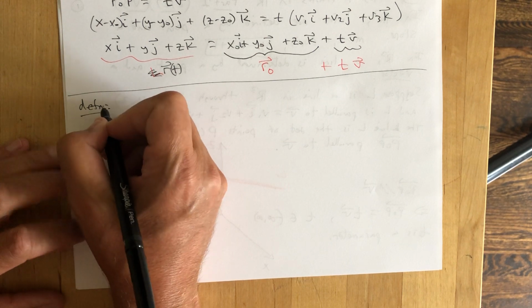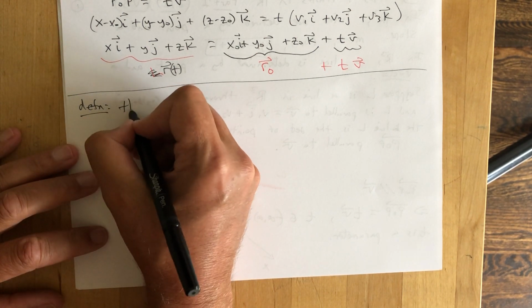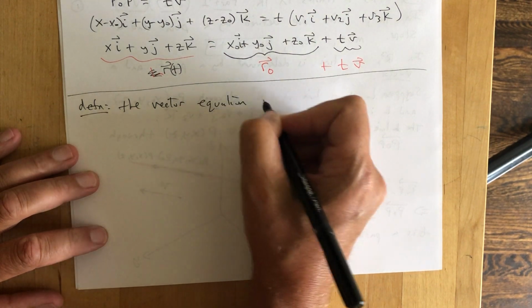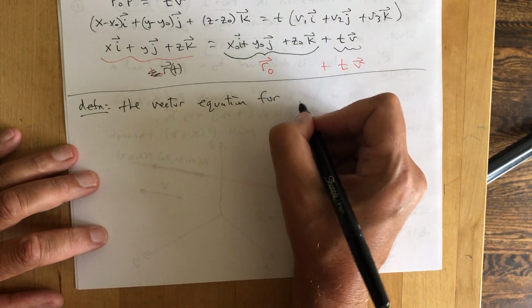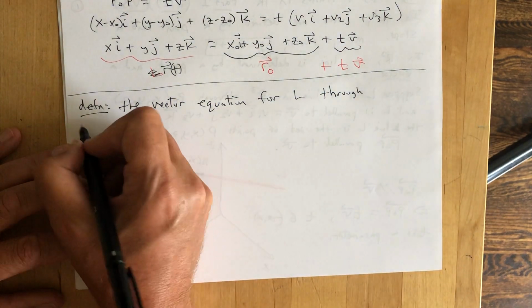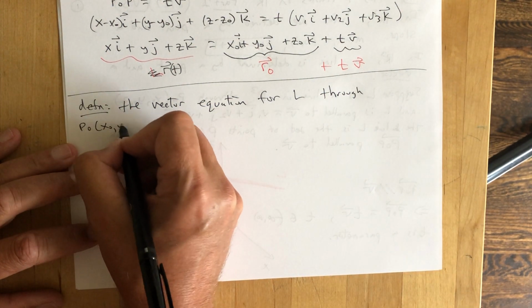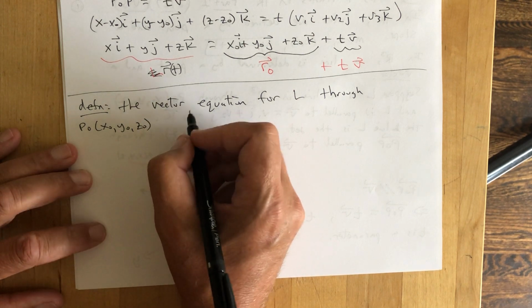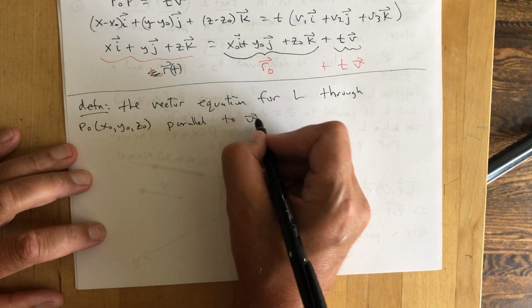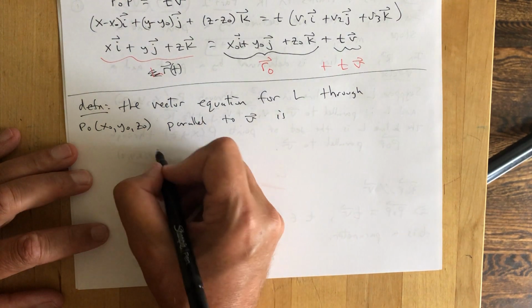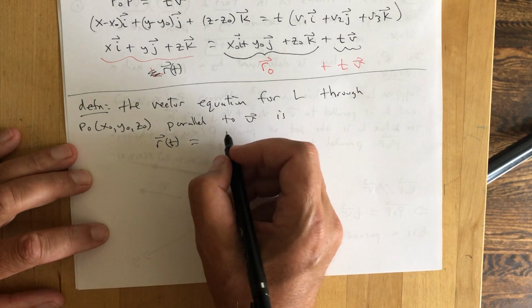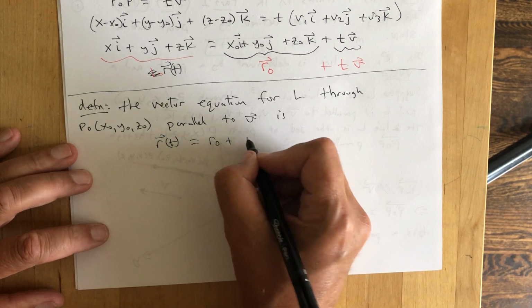So this leads to the definition. The vector equation for the line L through the point P naught, which has coordinates x naught, y naught, z naught, parallel to the vector v, is the vector r of t, the left-hand side of this equation, which is equal to r naught plus t times v.